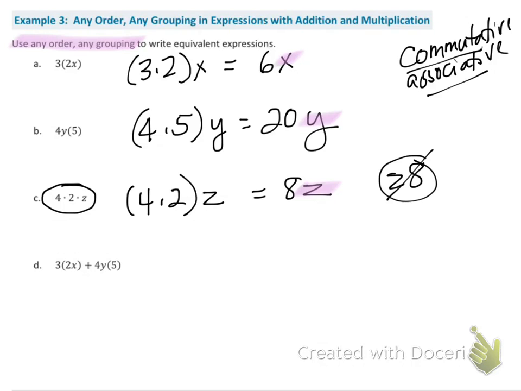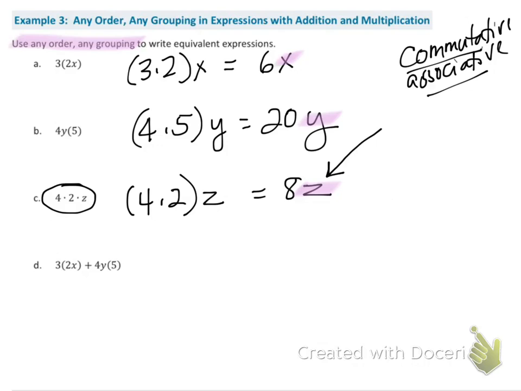If you plugged in a 4 for that z, you would get 32, but if you plugged a 4 over here, you still get 32. But the way these expressions are to be expressed is to have that variable as the trailing term.